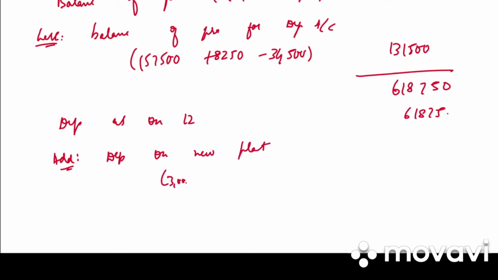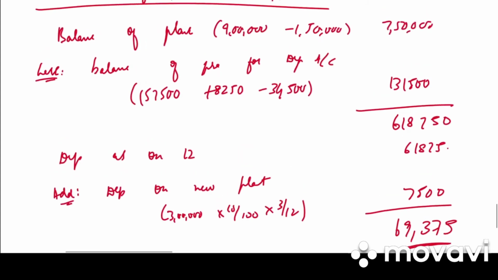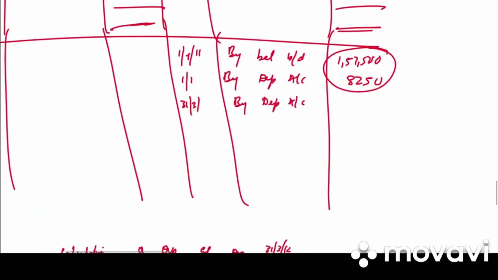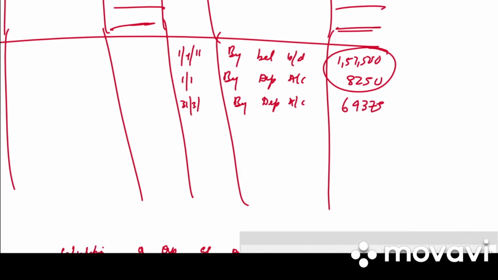So 3 lakh into 10 by 100 into 3 by 12, 7,500. 69,375 is the depreciation. That is 69,375.